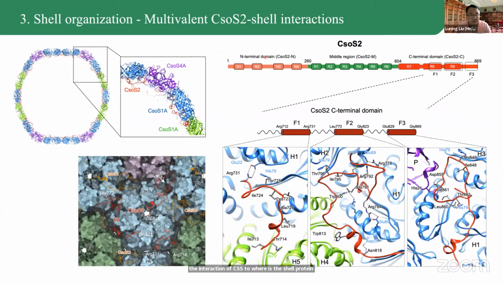Previously we mentioned the N-terminal is binding to the Rubisco, and now with the cryo-EM structures, we see the C-terminal of CsoS2 is binding to the shell protein. There are three CsoS2 C-terminal fragments that sit on the interfaces of neighboring shell proteins to combine all the different shell building blocks together to induce the shell assembly.